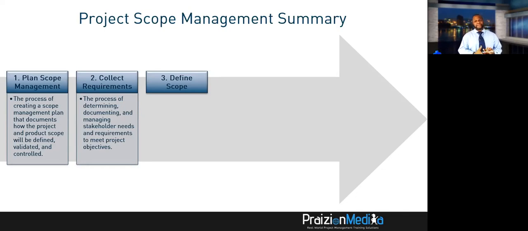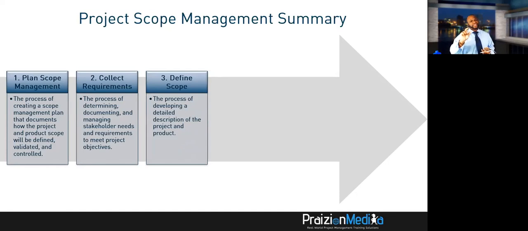What are you going to put in it? How far do you need to go to meet that requirement? That's what you do in define scope. Define scope is not requirements, it's work. Someone may need to write that down. Define scope is not requirements, it's work to deliver the requirements already defined.